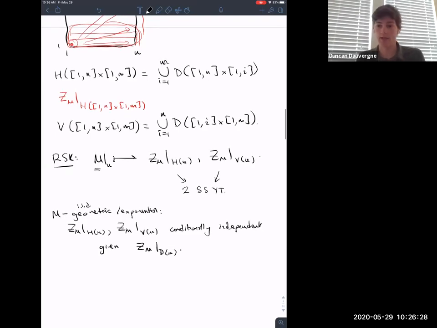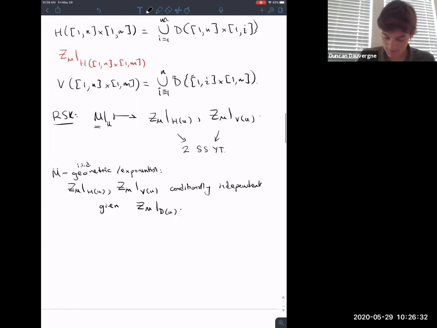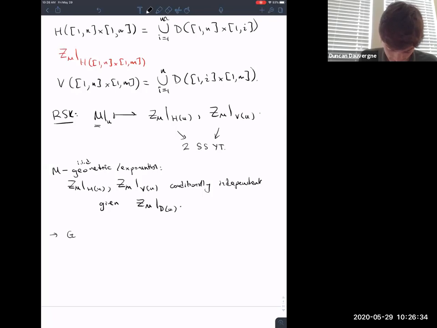So that's RSK. The story for geometric RSK for us is exactly the same. So for geometric RSK, you have the same independence statement.